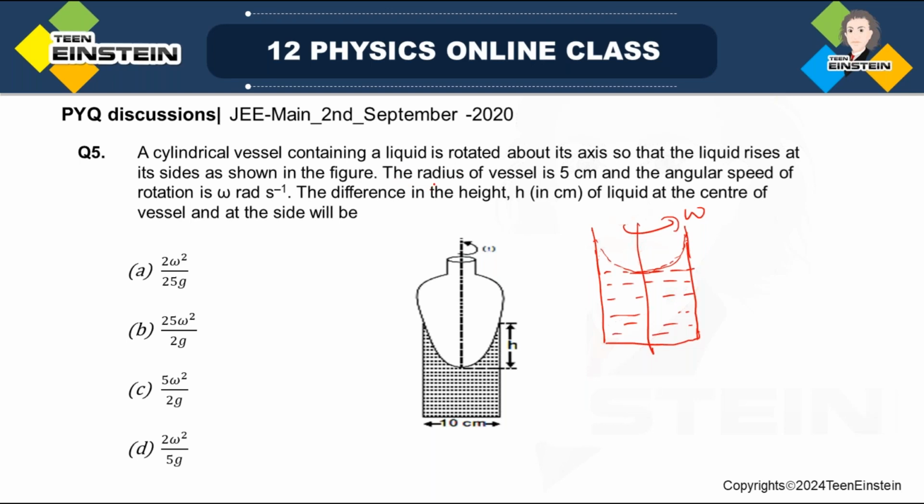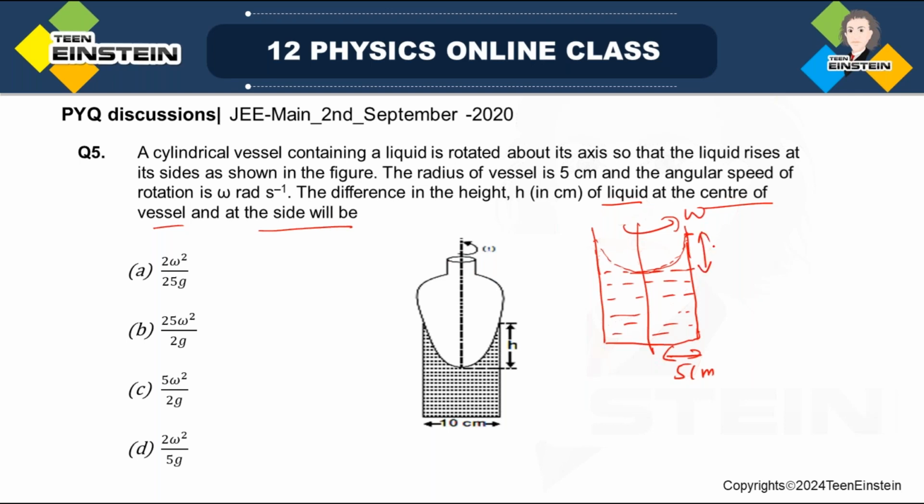The radius of the vessel is given. The radius of the vessel is 5 centimeter, and the angular speed of rotation omega is given here. The difference in height of the liquid at the center of the vessel and at the side. Side is this one.